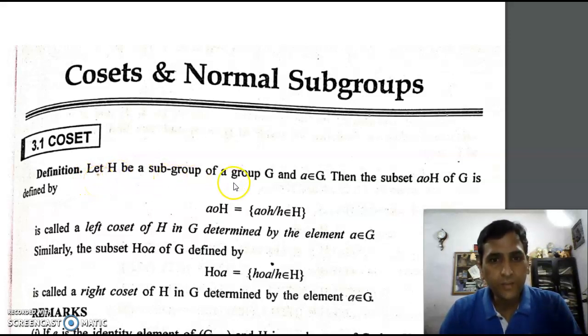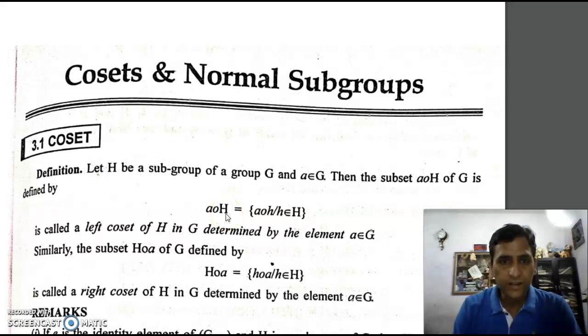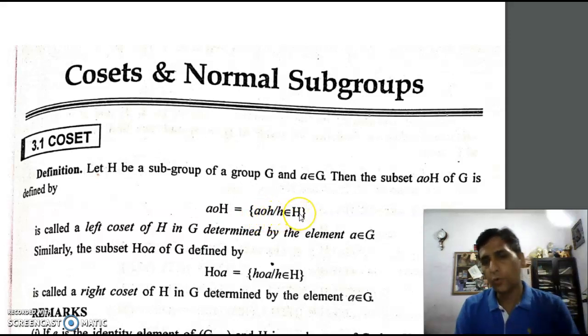Let H be a subgroup of group G and a be some element of G. Then the subset a composition H, where a is a fixed element from the group and H is our subgroup, is defined as follows. Here H is a set and a is a fixed element. Then a composition H is a composition h, where this h belongs to the subgroup H.